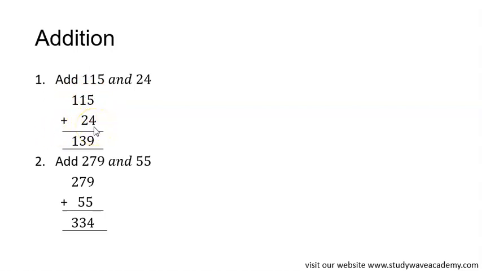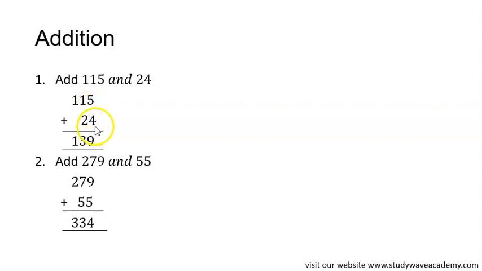So you start by adding from your right to the left, okay? We start with these digits first at the right side. So 5 plus 4, you count 5 and you count 4, then add it together.